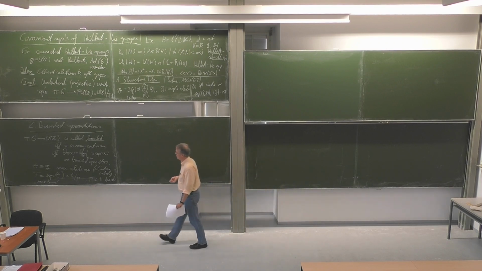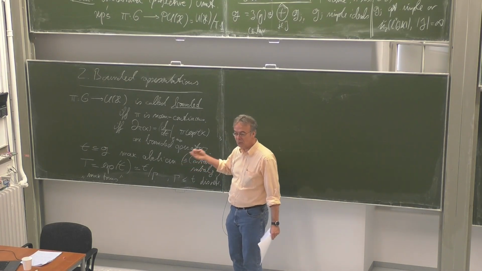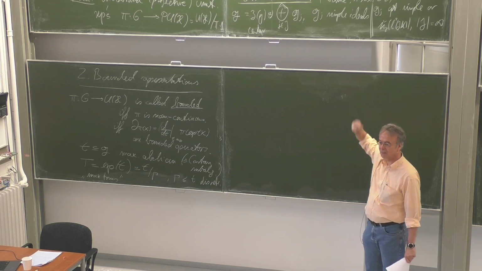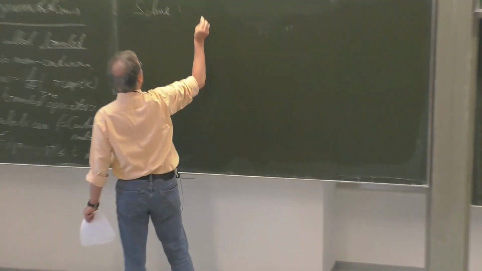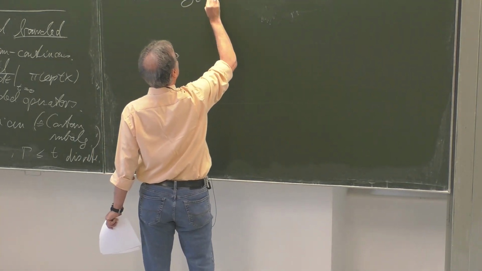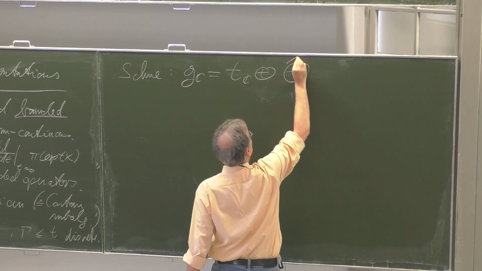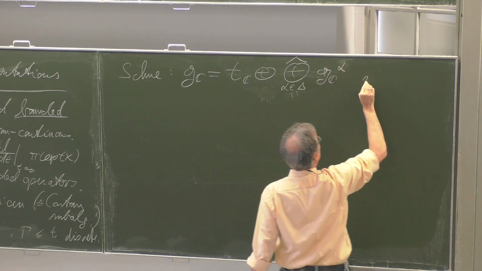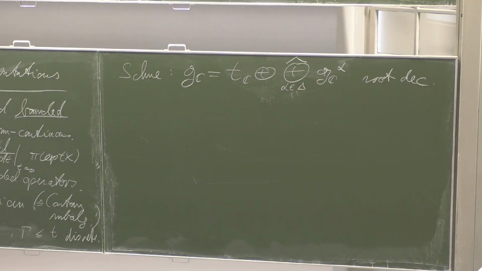But then the main point is to show in this context that the spectrum is discrete, that you really get a root decomposition of the Lie algebra, and once you have root spaces, it's easy to get the simple ideals. So what Schue proved is that if you complexify, then we have a root decomposition of this type. Root decomposition. And again, this is sort of in the Hilbert space context, a direct sum.